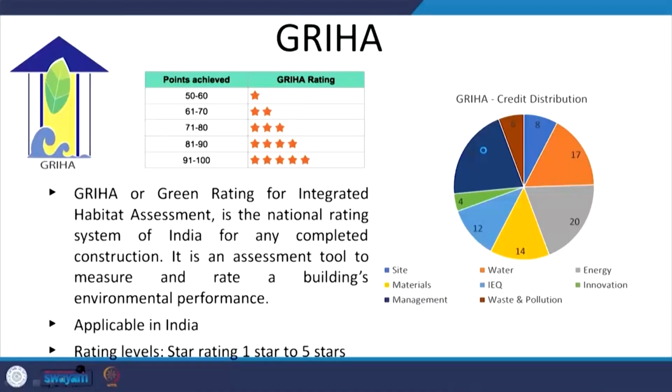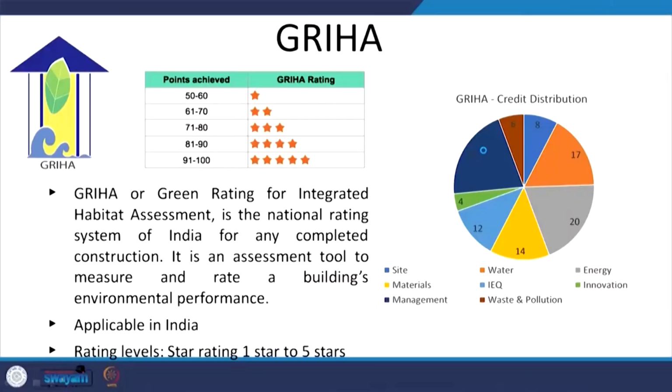Now, if we look at the green building rating systems which are prevalent in India, GRIHA is our indigenous rating program which was developed by TERI, and it is adopted by the Government of India. So, all the Government of India buildings, public buildings are supposed to be certified using the GRIHA rating program, and the rating which is given by GRIHA is a star rating.